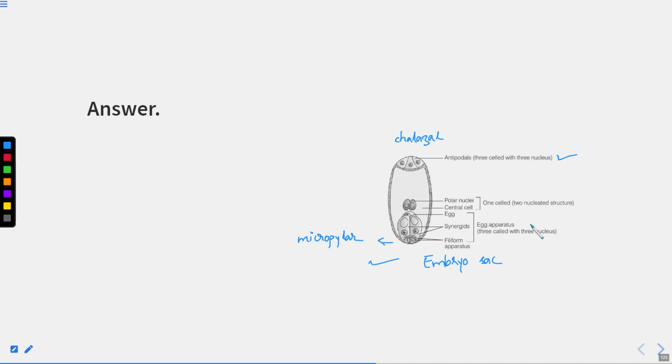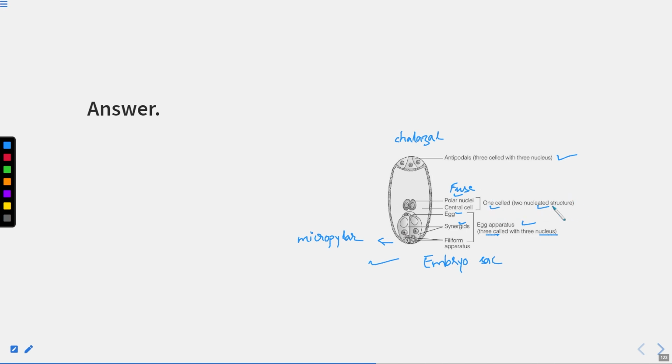Here the egg apparatus is present. The egg apparatus consists of 2 synergids and 1 egg cell, so it is also 3-celled with 3 nuclei. Now let's talk about the polar nuclei and the central cell. In the mature embryo sac, the polar nuclei fuse with each other. That's why it is a 1-celled, 2-nucleated structure.